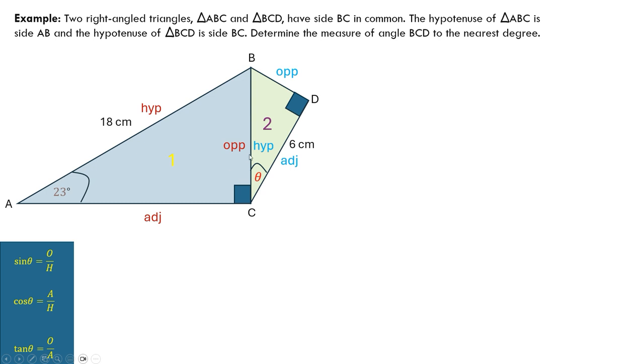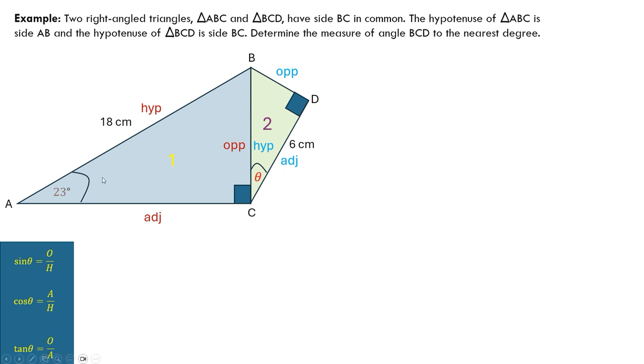They share a side. We have enough information about triangle 1 to figure out what this side is. Once we figure out what this side is for triangle 1, we'll have the length of a side for triangle 2. So we'll start by using the information we have and solve triangle 1 first.